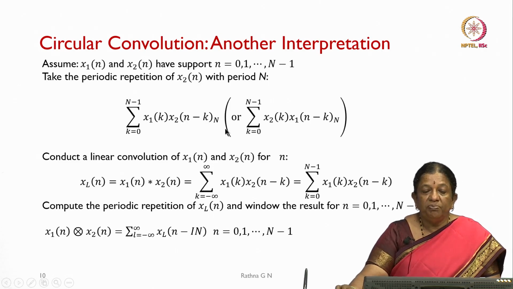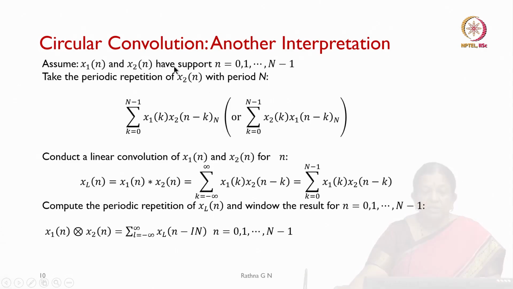So, another interpretation: they have the support of 0 to N minus 1. We are going to take the periodic repetition of x2 of n with period N in this case. Then we conduct the linear convolution instead of circular convolution.